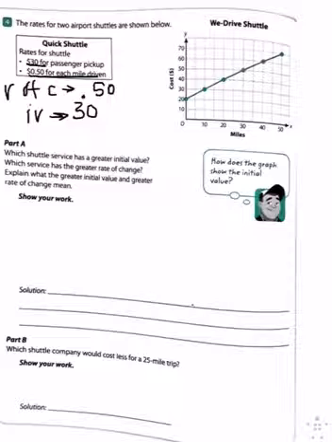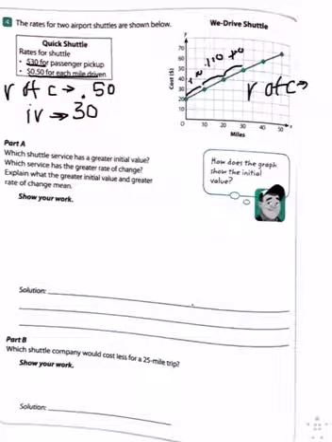For the We Drive shuttle, the rate of change, we start at 20 and we go to 30, so that's plus 10. And then we go to 20, that's plus 10. And then up to 30, that's plus 10. So we're counting by tens.